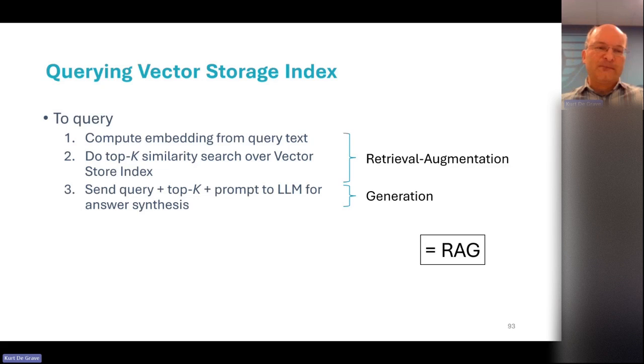Finding the exact k nearest vectors is fairly expensive because you have to compute a dot product with all the vectors in the database, just to be sure.